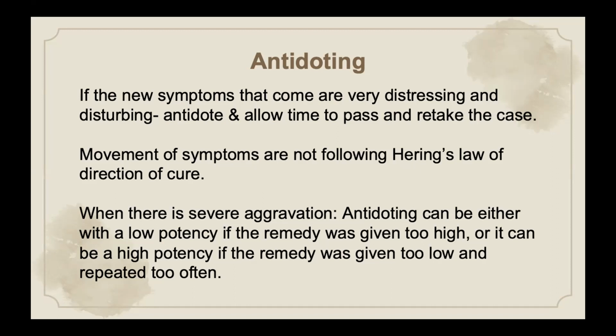I've used the antidote when it was given too high in a lower potency, but I actually haven't seen it in practice where if it's been given low or repeated too often in a low potency, that you give it high as an antidote. So if anyone has experience with that, please share. That was really interesting for me to find. Yeah, I have often used such antidoting, giving the remedy going low.